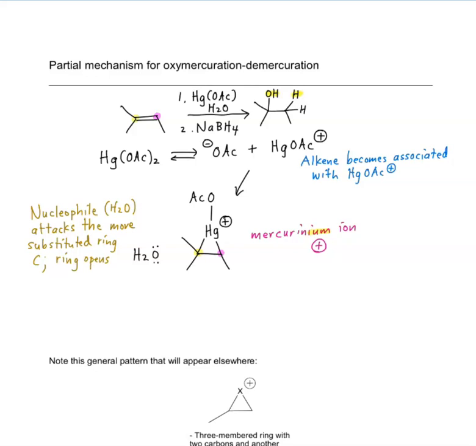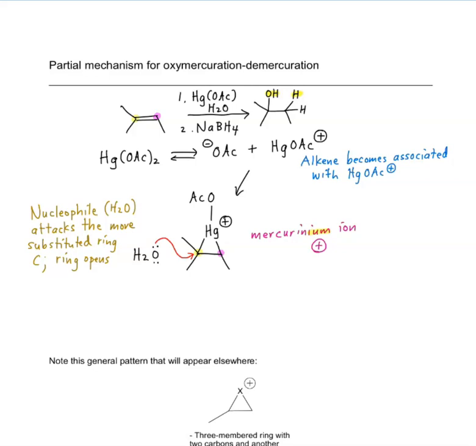So if we look at what we have, a three-membered ring with two carbon atoms and something else that's not carbon. We can call that a heteroatom because it's not carbon. And that's a three-membered ring, so there's a particular amount of strain associated with it. So what's going to happen is that the water molecule, using a lone pair from the oxygen, is going to attack and form a bond with the more substituted carbon.